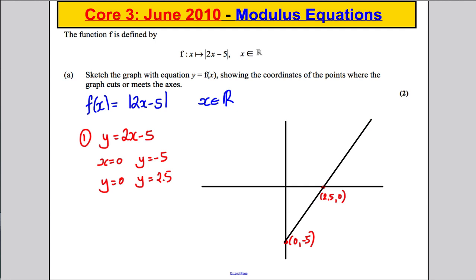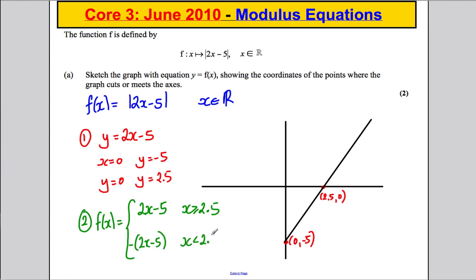Now, the modulus of this graph, step 2, defines this graph as follows. It is equal to the positive of the expression inside the brackets: it is the positive 2x minus 5 for x bigger than or equal to 2.5, and it's going to be the negative of this for x less than 2.5.